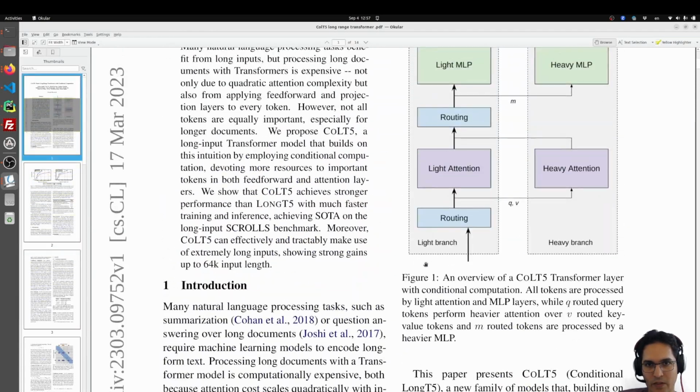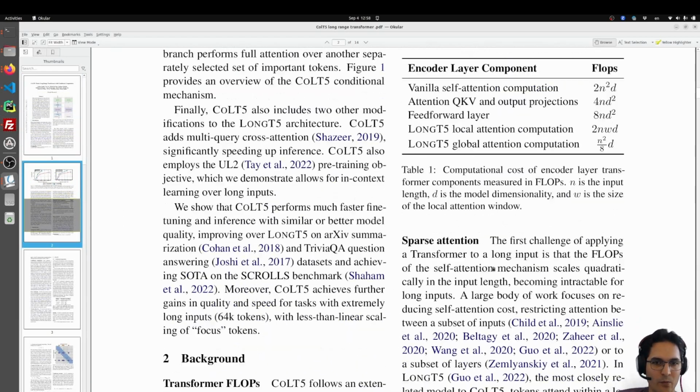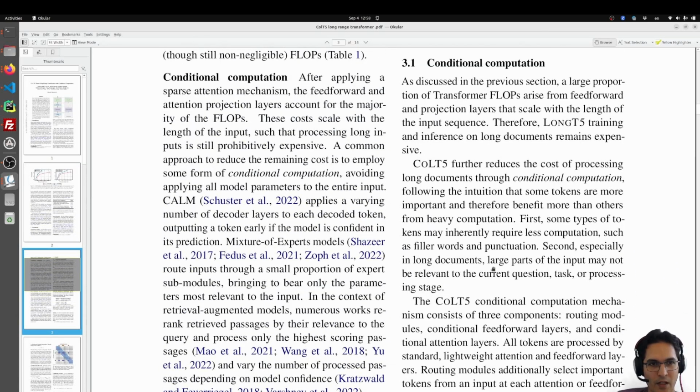What we are doing here, using that routing system, is some sort of that: we have an expert for extracting the objective, and we have light attention that is just helping that. So these are experts, and these are another expert. These are very similar to mixture of experts. But here it's called conditional computation, and it's just to improve the inference time.